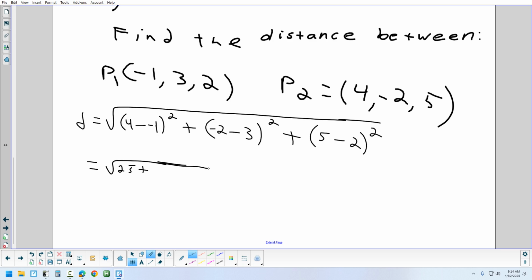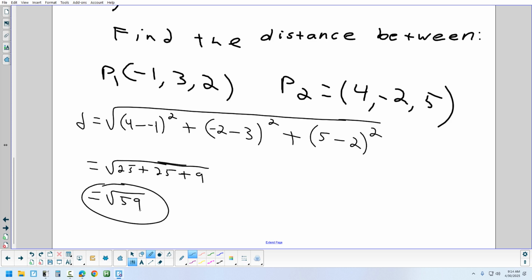Negative 5. And then when we square that, that's also 25. And 5 minus 2? 3. And when we square that, 9. So what is the distance between these 2 points? Square root of 59.